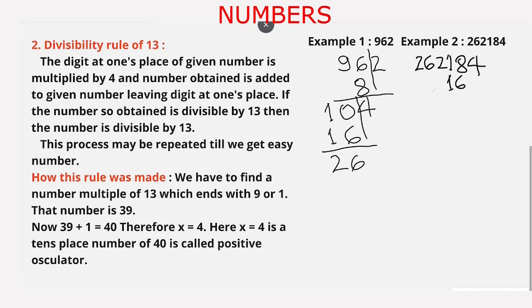And after leaving this last digit 4, we add 16 to the remaining part of the number, and 6 plus 8 is 14. We write 4 and carry 1. 1 plus 1 is 2 plus 1 is 3. Now the number which we get is 26234. The number is still big and we cannot divide this number easily by 13. So we again repeat the process.